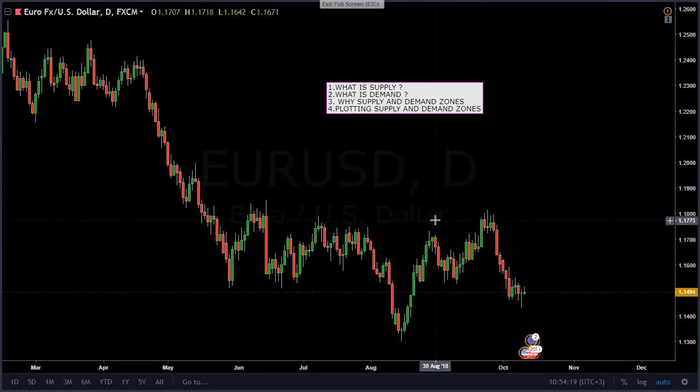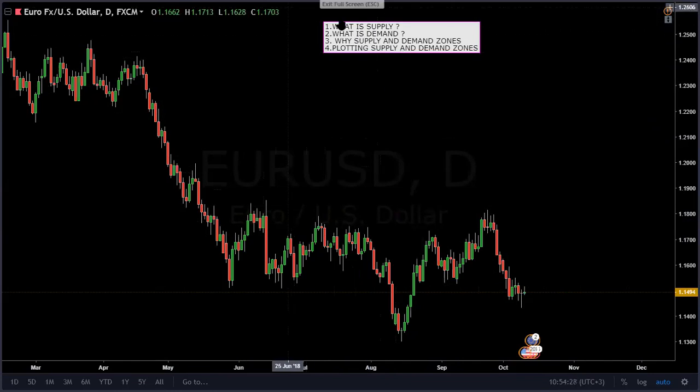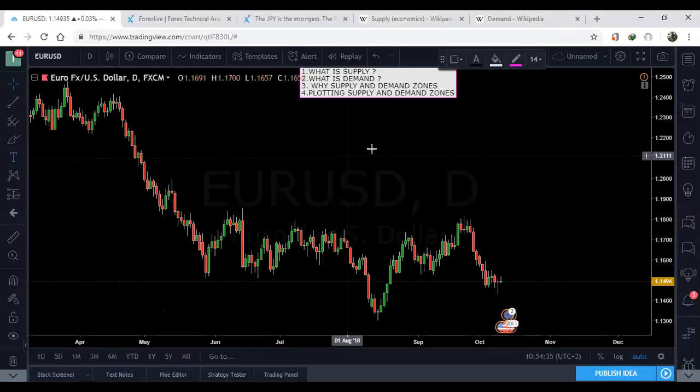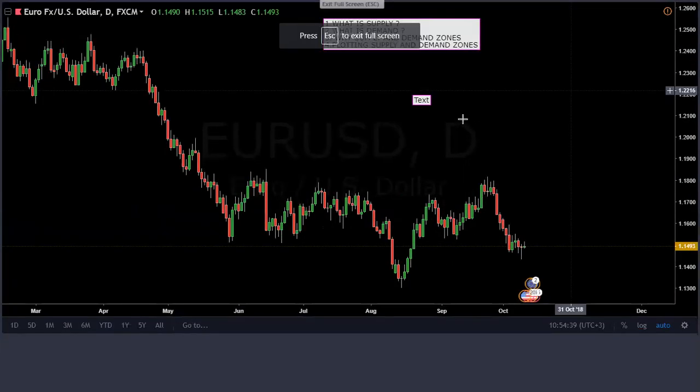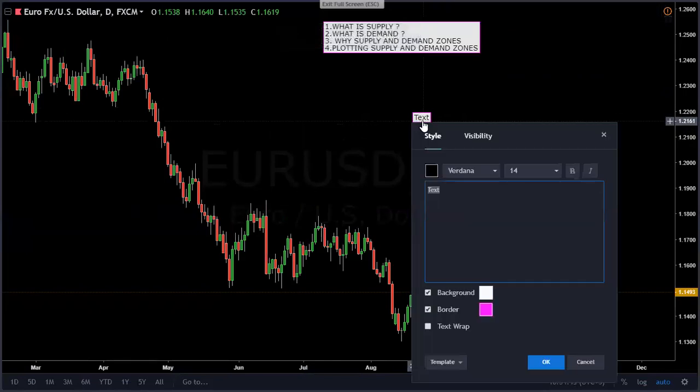So, how do you plot the supply and demand zones? There are a lot of ways to plot them. First, you can plot them on the consolidation areas.